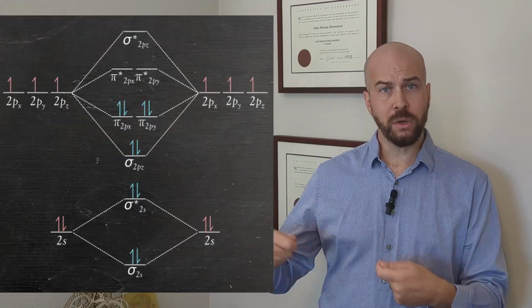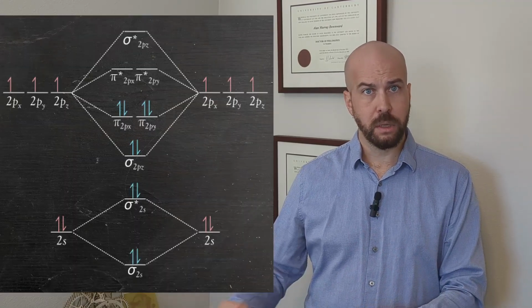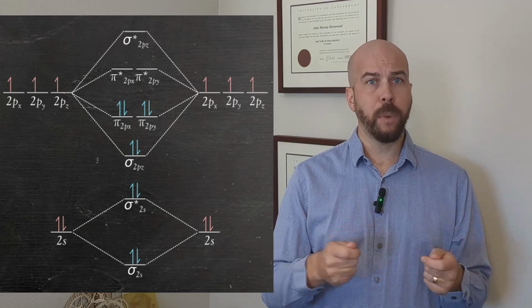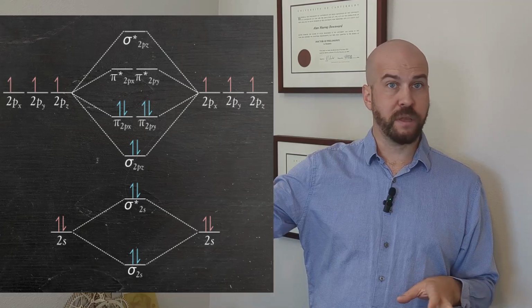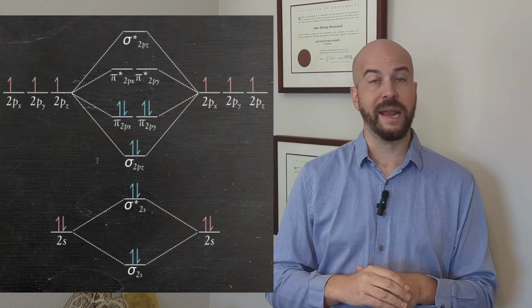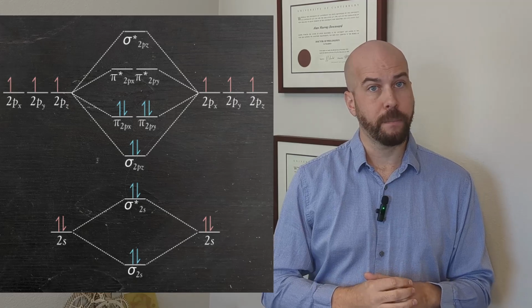Now, I mentioned that nitrogen is generally considered to be inert. And we can explain this again by looking at its molecular orbital diagram. If we were to assume the same type of orbital mixing and overlap as we had with oxygen, then as we put in our electrons, we end up with a bond order of 3, and no electrons in any of the pi star or sigma star antibonding orbitals up the top there.